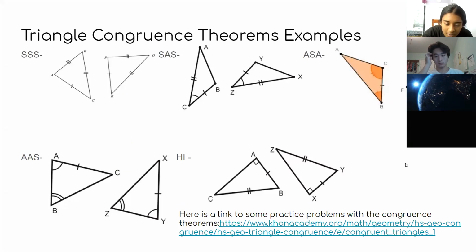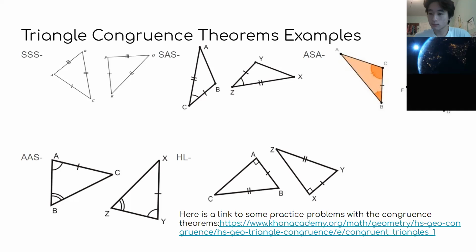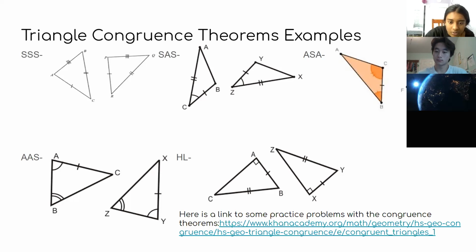You're given this side with 2 ticks, side AC, which corresponds to side XZ in triangle XYZ. They're the same length. And side YZ with this single tick and side BC with this single tick are corresponding. And then this angle we're given, angle ACB and angle YZX, are the same. So these triangles are congruent.